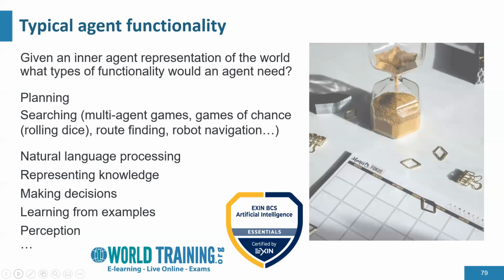And then finally creating the perception based on that. So these are the typical functionalities which agents carry out: planning, searching, natural language processing, representing the knowledge, making decisions, learning from the examples, carrying out the overall perception, and finally delivering the output. So these are the high level functionalities being delivered.